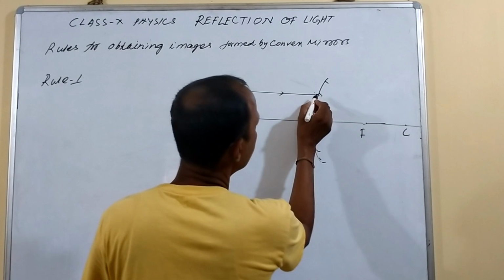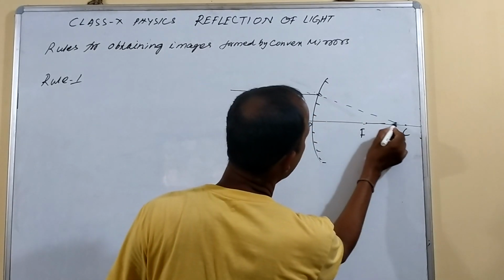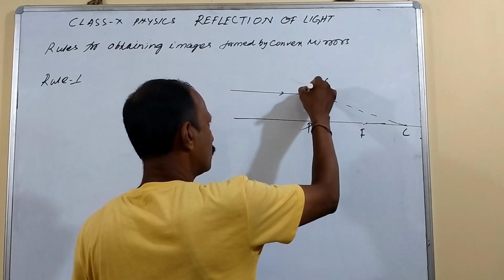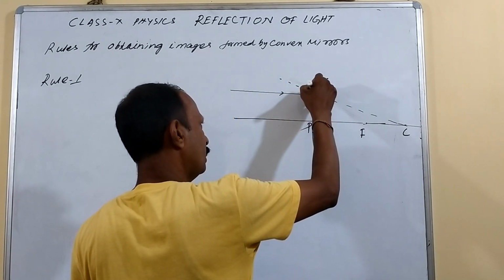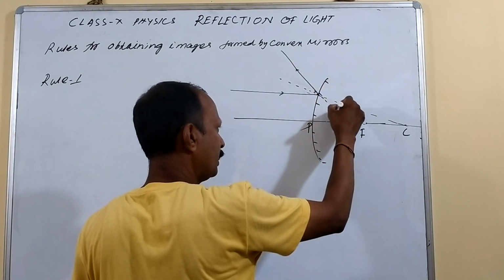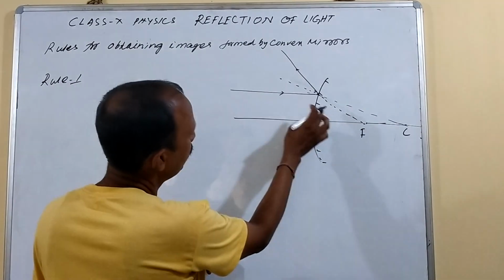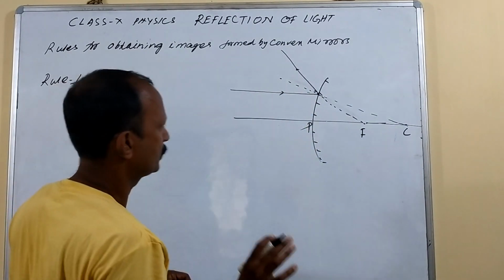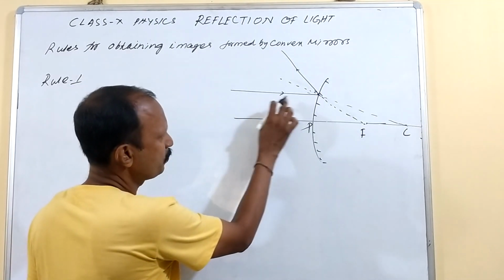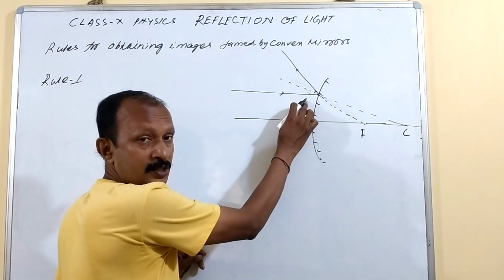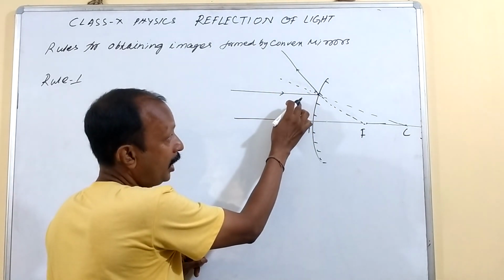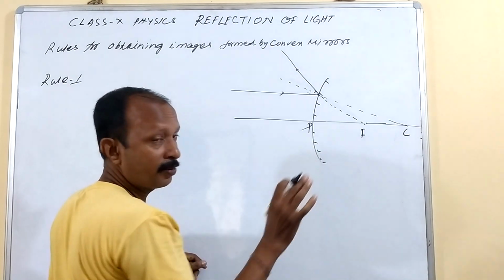If I draw the normal, that means I have to draw it from the center of curvature. So this ray will bend like this. It seems that it is coming from the focus. That means if a light ray comes parallel to the principal axis of a convex mirror, it appears that it is reflecting from the focus.